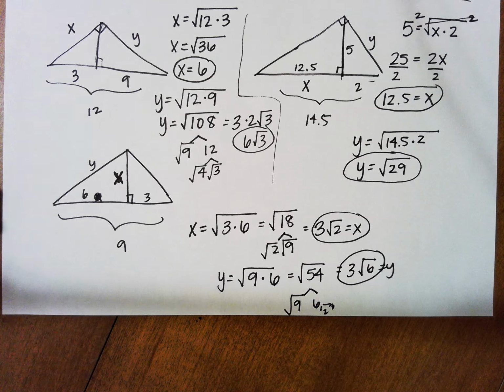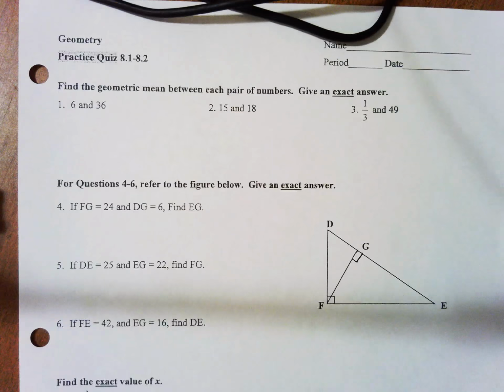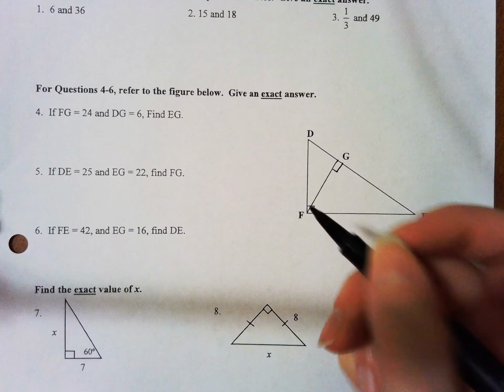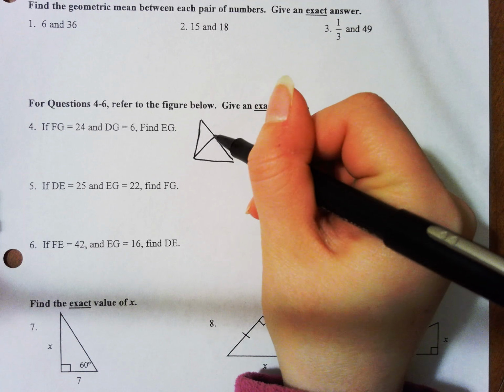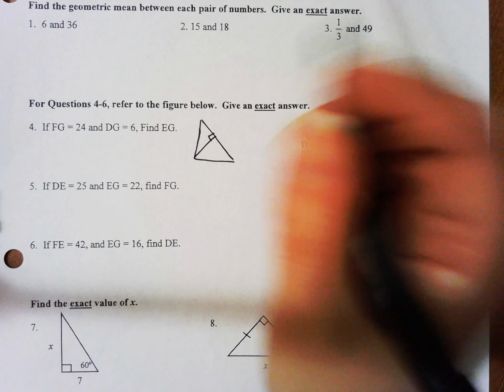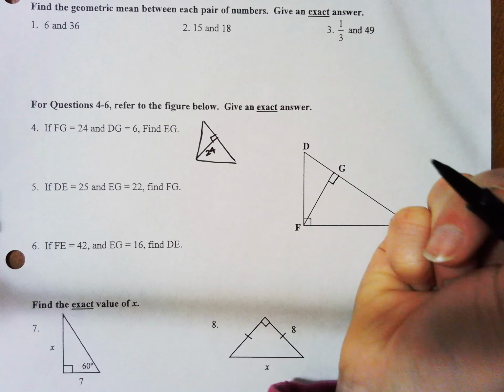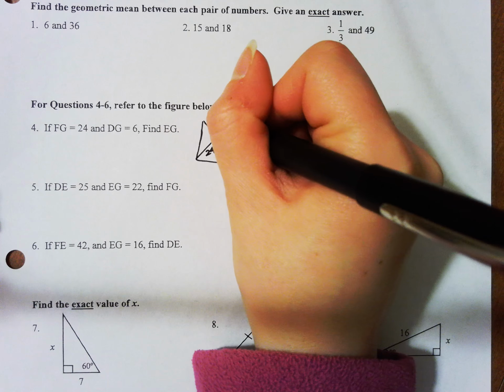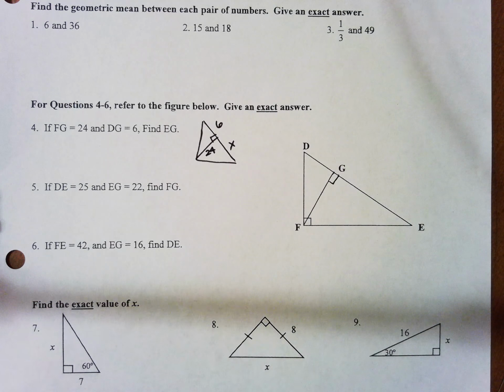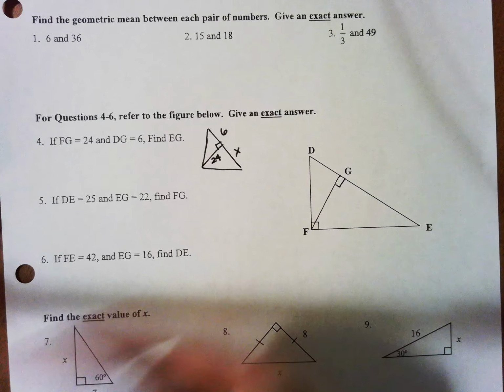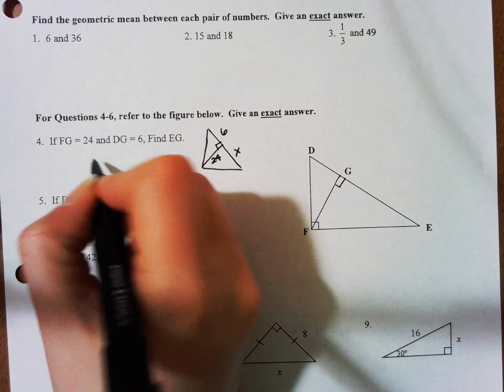Okay, so with that being said, I want to look at a couple on the quiz review. So on this problem, I'm going to redraw these. That way I can label and look at what I'm actually dealing with. It's telling me that FG is 24. It's telling me that DG is 6. And EG is, we don't know, x. So again, this is an altitude, which means the altitude is the geometric mean between my two bases.